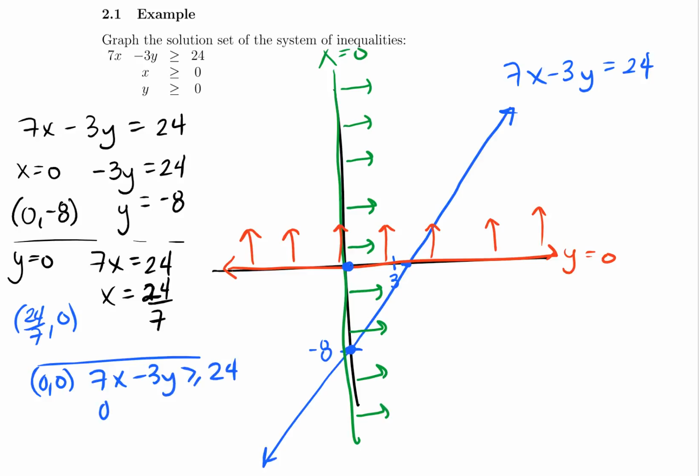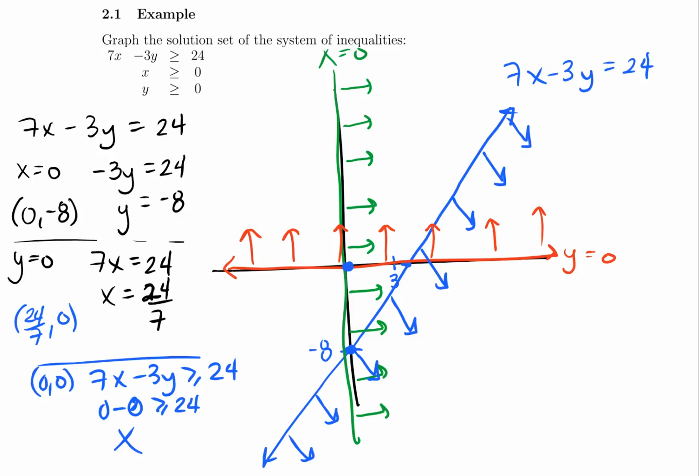We would have 0 minus 0 greater than or equal to 24. That's false. And so that means that the solution set for the blue line has to be the side of the line that does not have the origin. So we're pointing to the right and down, away from the blue line.